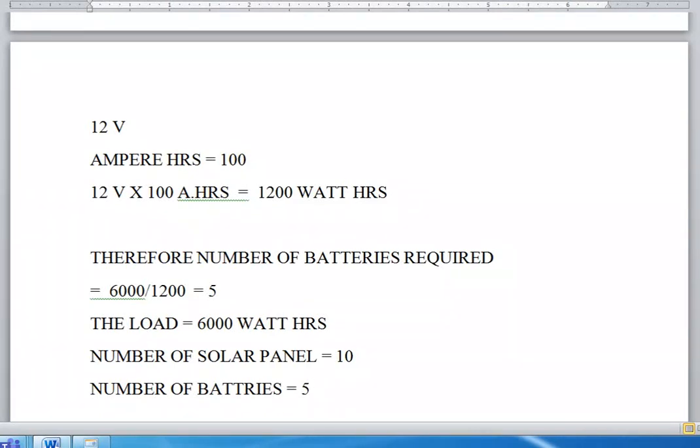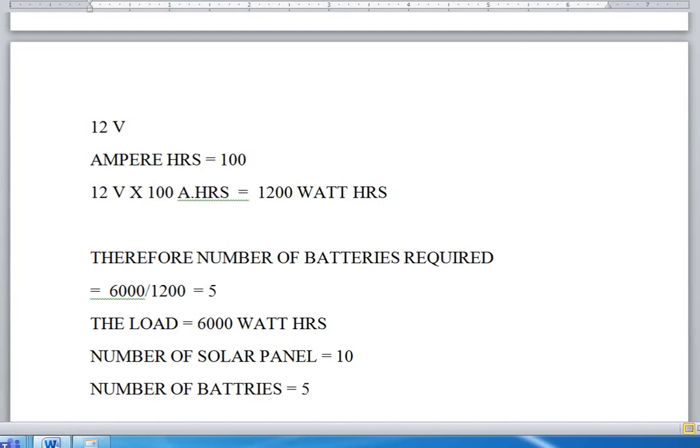Here you are supposed to estimate whether to go for more panels and fewer batteries, or fewer panels and more batteries. This is the budgeting decision which every family has to take. Remember this. This is how we estimate the design of a solar power plant.